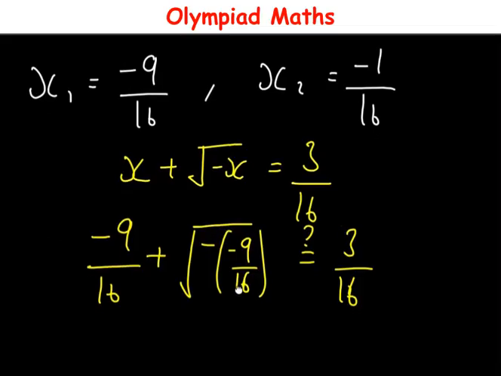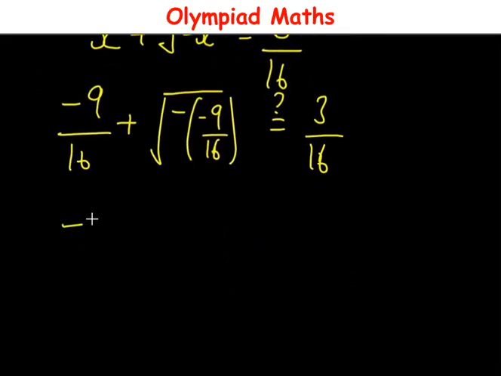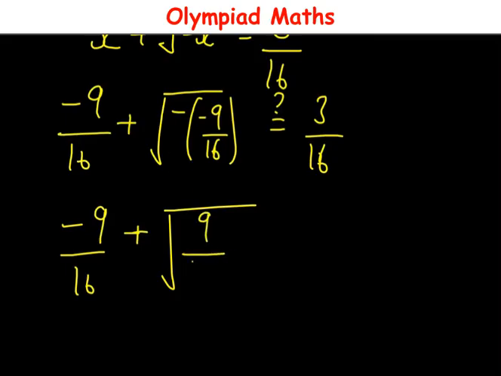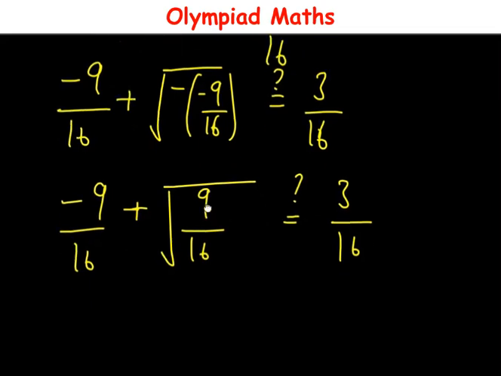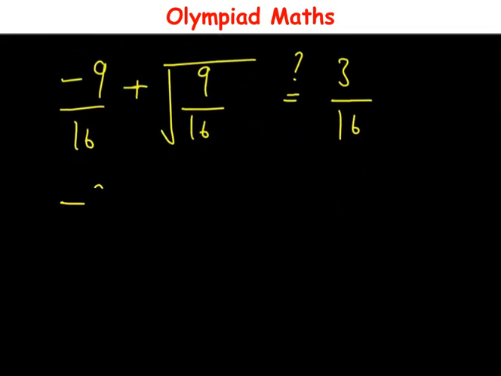And with this, we have minus 9 over 16 plus square root. Minus times minus 9 is plus 9 over 16. With this equal 3 over 16? And from here, we have minus 9 over 16 plus root 9 is 3, over root 16 is 4.